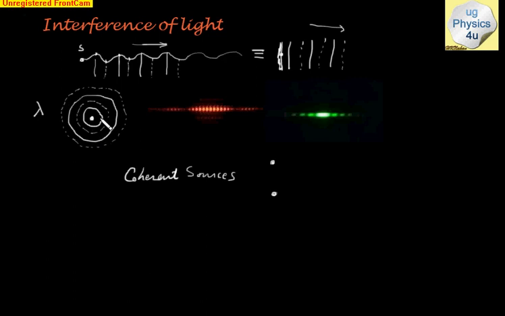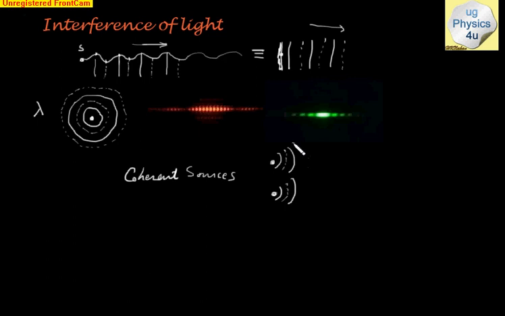It should have a fine slit, and when light emits in the form of wavefronts, this spherical wavefront will strike these two slits, then according to Huygens principle, these two slits will also become new sources of light, and new wavefronts will be generated from here.